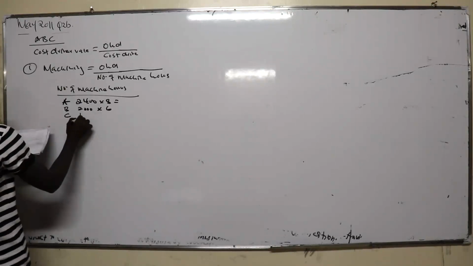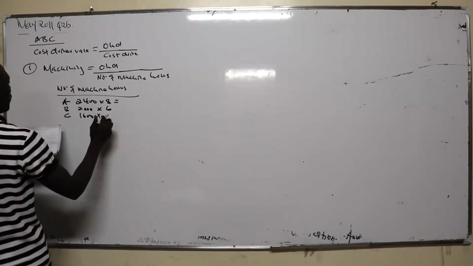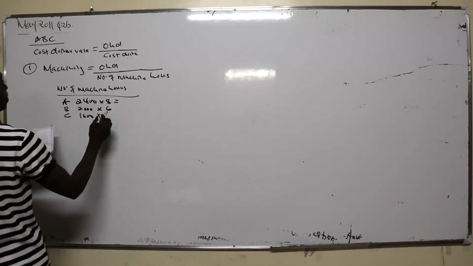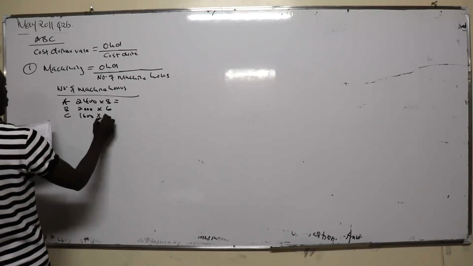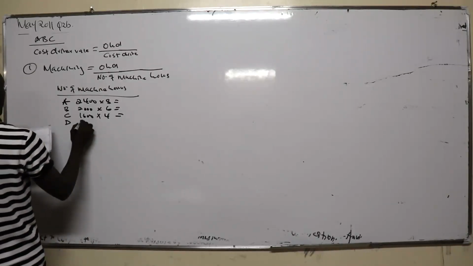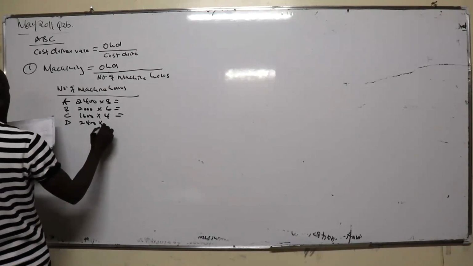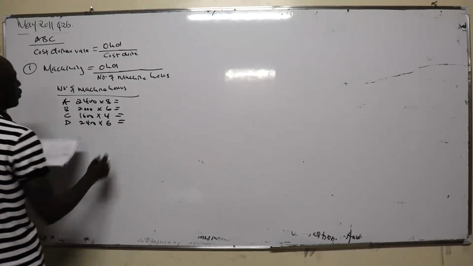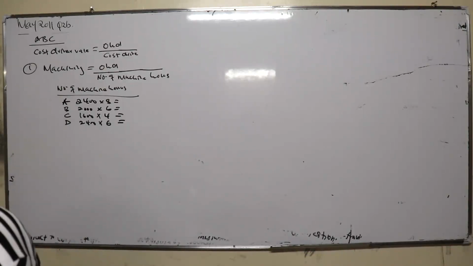Then product C, 1,600, multiply by 4. Then product D, 2,400, multiply by 6. That will give you the total machine hours.